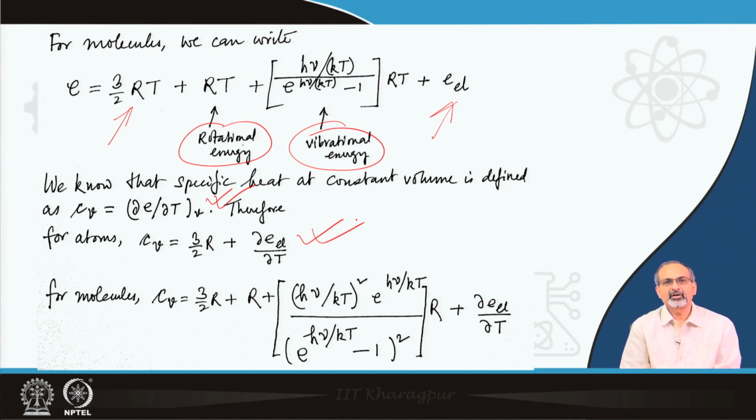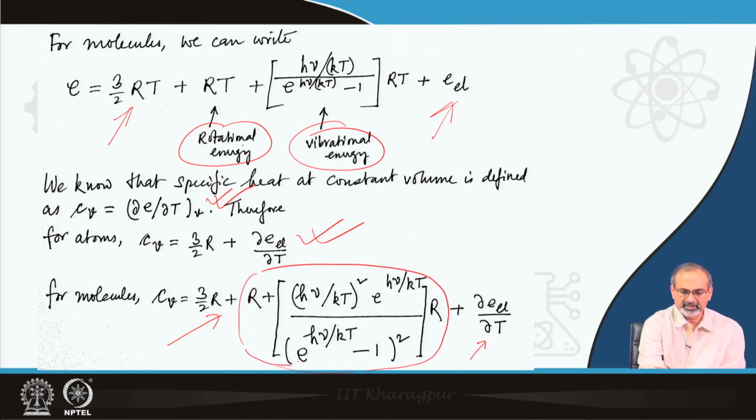derivative of the electronic energy with respect to temperature. We just leave it there without trying to get a closed form. For molecules, you get 3 by 2 R, the electronic part, as well as contributions coming from rotational and vibrational. And you see the dependence of temperature here.